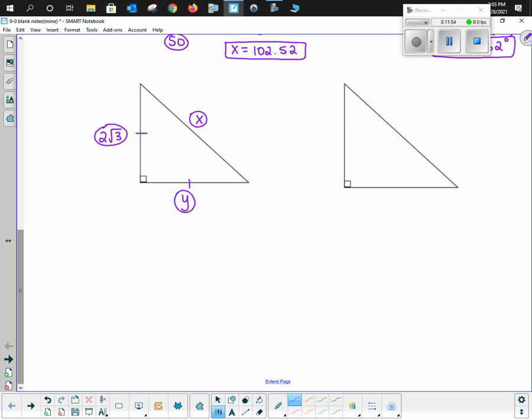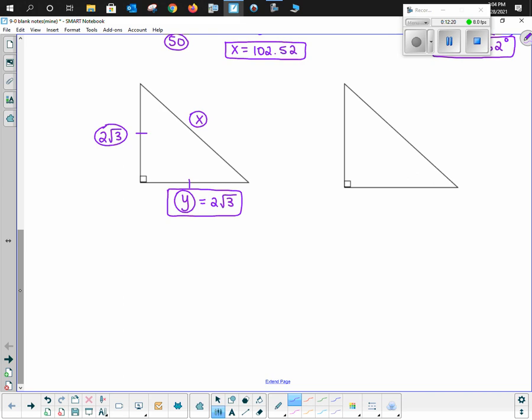Okay, in order. I claim this is a special right triangle. I see 2 legs marked the same. That to me means this is 45, 45, 90. Okay, so the easiest thing is the other leg, right? Y has to also equal 2√3. All right, in a 45, 45, 90, how do you go to the hypotenuse?